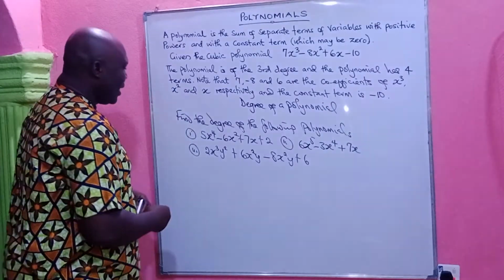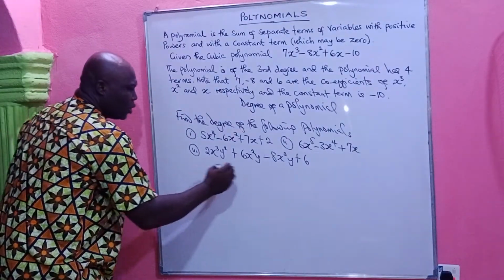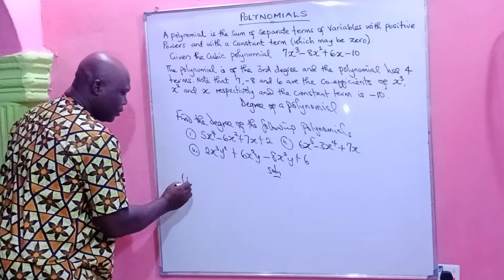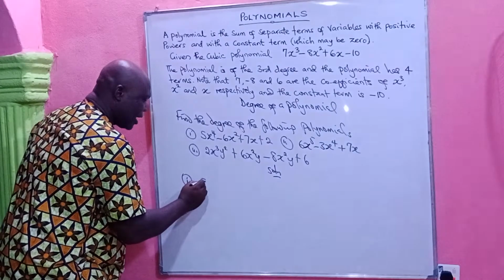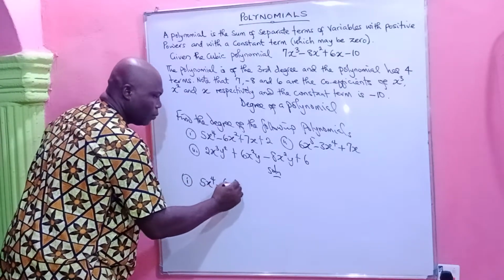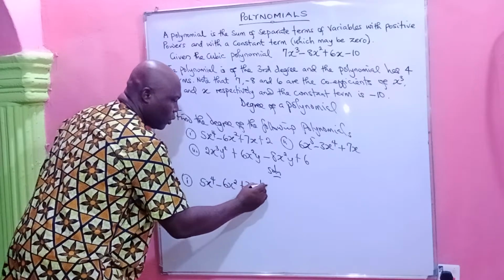So in the first one, solution, we have 5x⁴ − 6x² + 7x + 2.